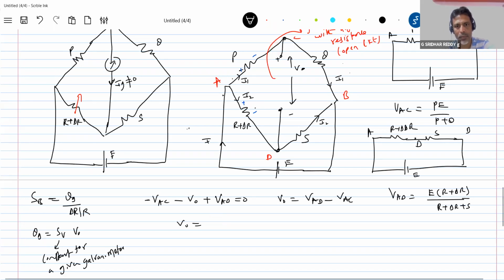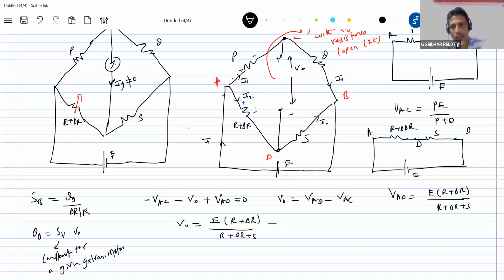This should be equal to E by R plus delta R, minus E into P by P plus Q. Let me take E common.